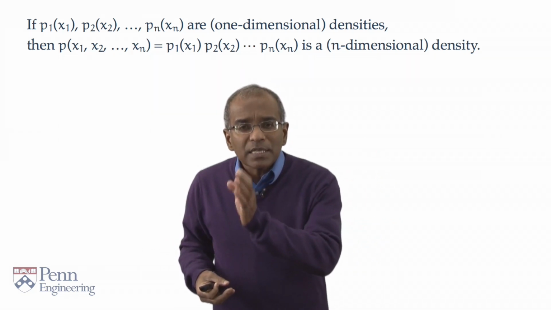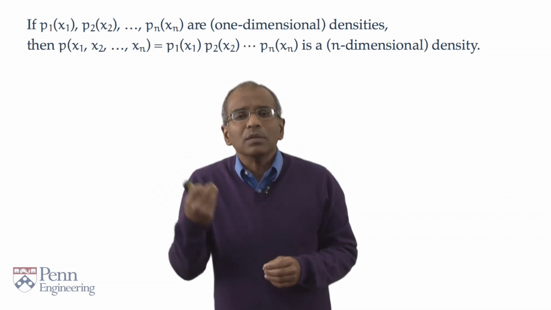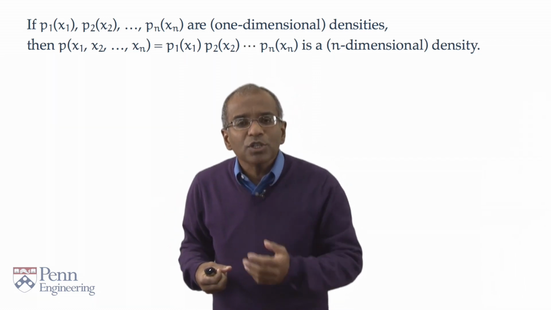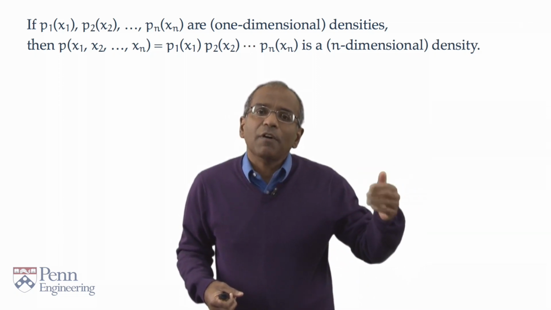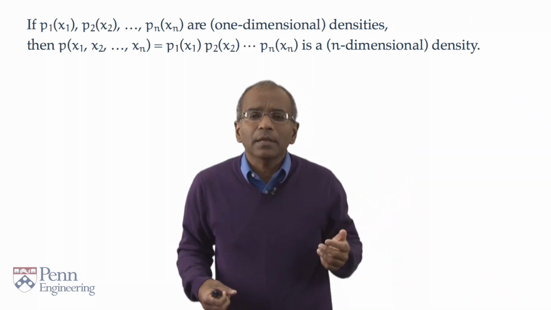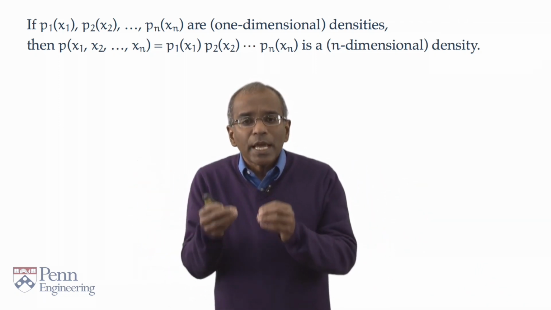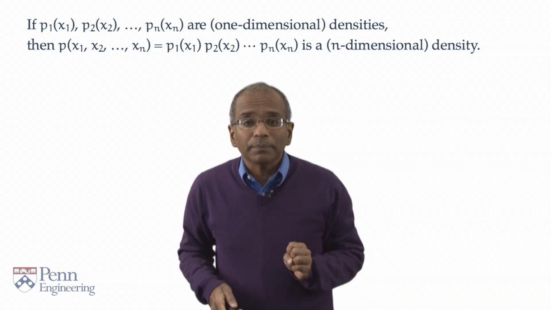Suppose we have a sequence of one-dimensional densities. Let's call them P1 of the variable x1. P2 is another function possibly of a variable x2, and so on. Pn is a function of a variable, say, xn. Each of these is a one-dimensional density. In other words, each of these functions is positive and integrates to 1.